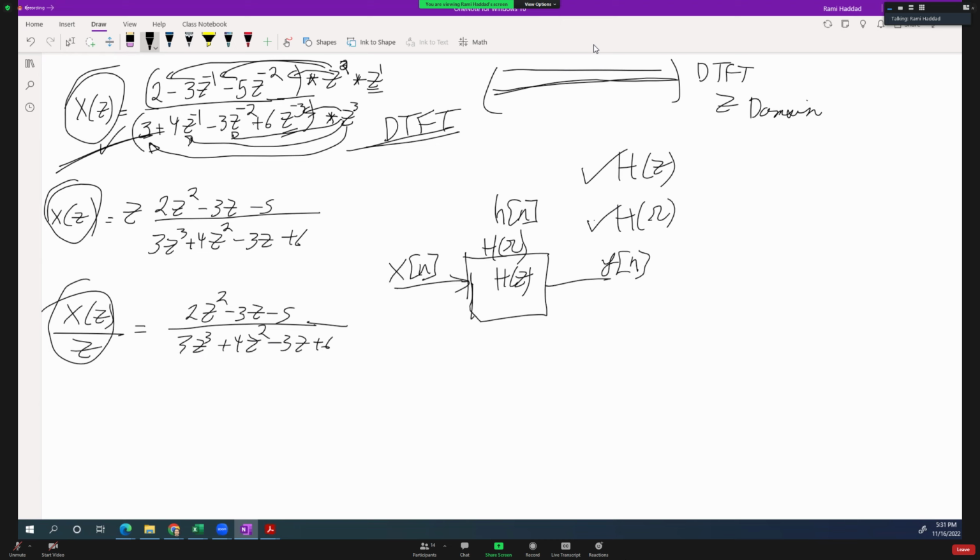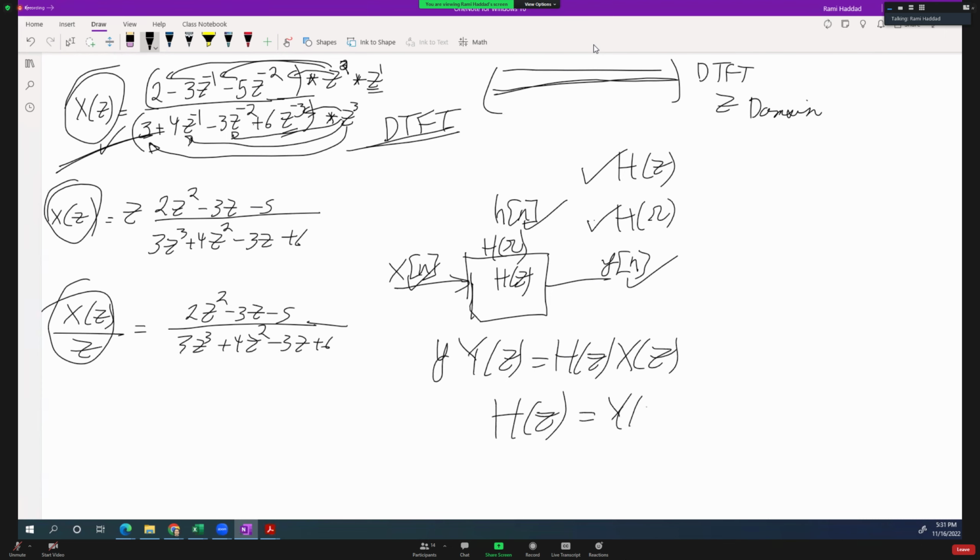The output Y of n is basically the convolution of the input and impulse response of that system. Or if you do it in the frequency domain, which is the gist of what we have done, the output Y of Z is equal to the H of Z multiplied with the X of Z, which we also said the H of Z is equal to the Y of Z divided by the X of Z, and we call that the transfer function.